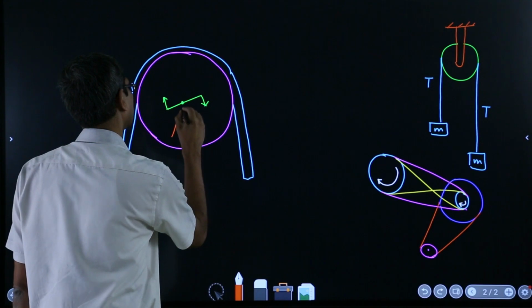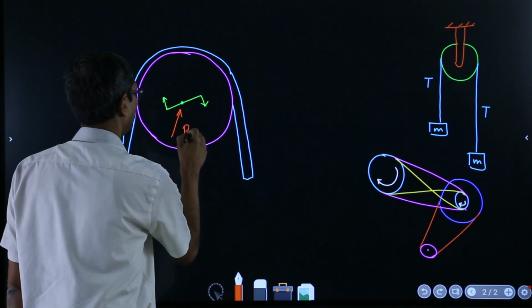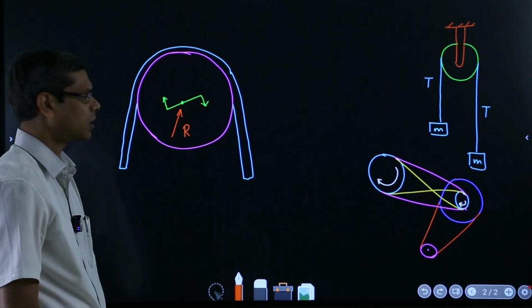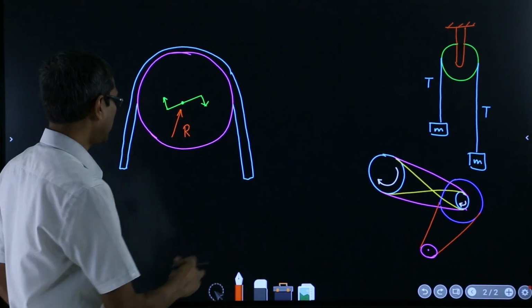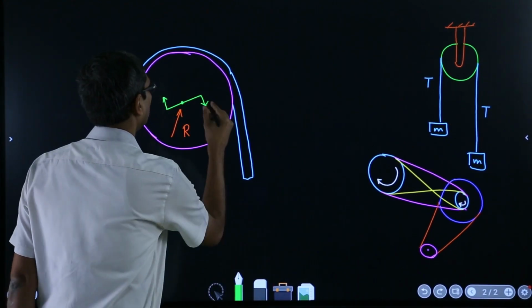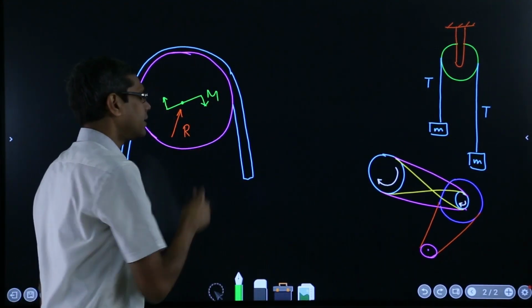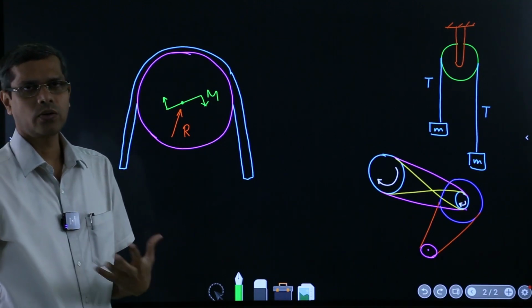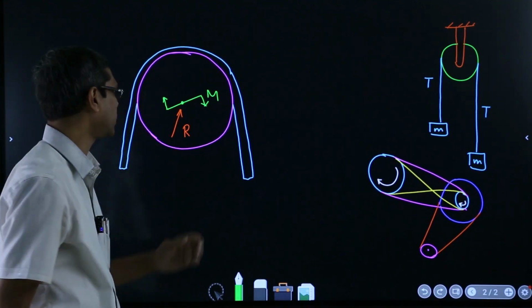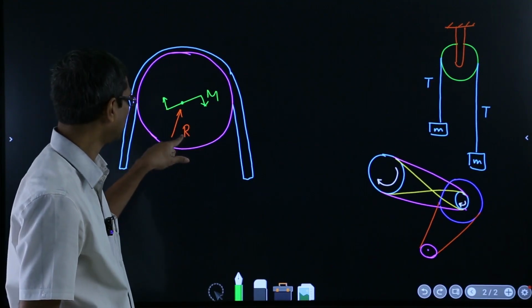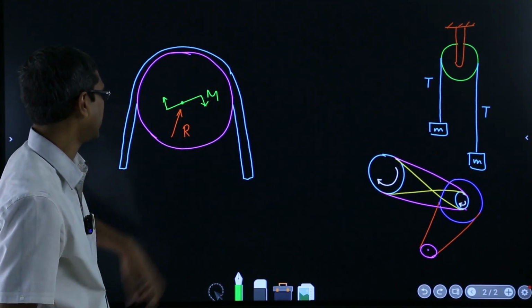So a reaction also can be applied by the ground. So these two things, the moment M and the reaction R, are the ground reaction moment and the ground reaction force, okay, which I applied.